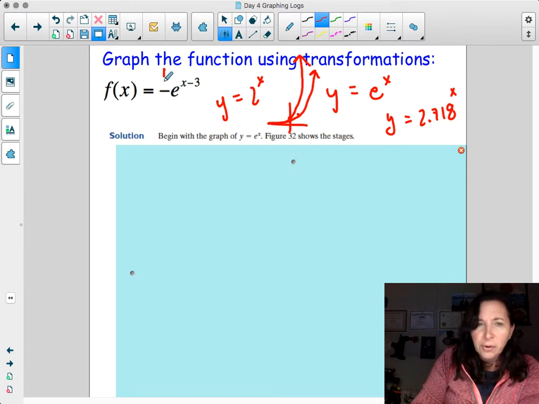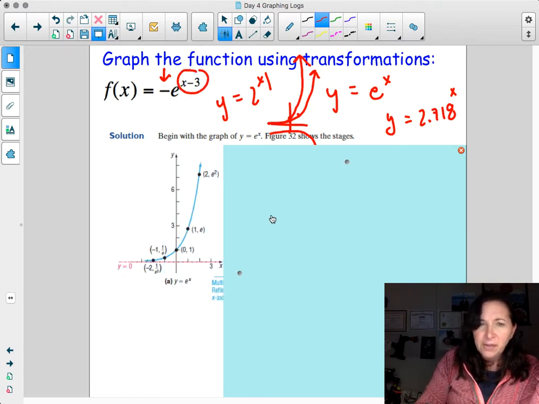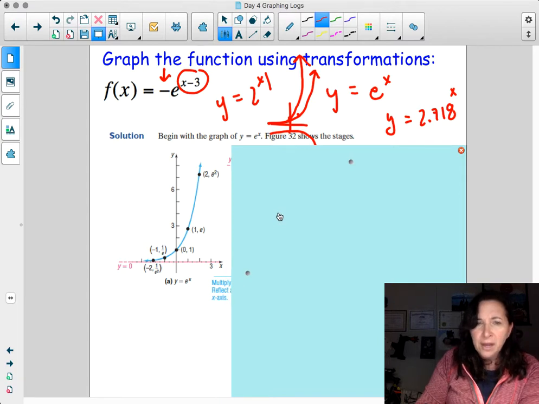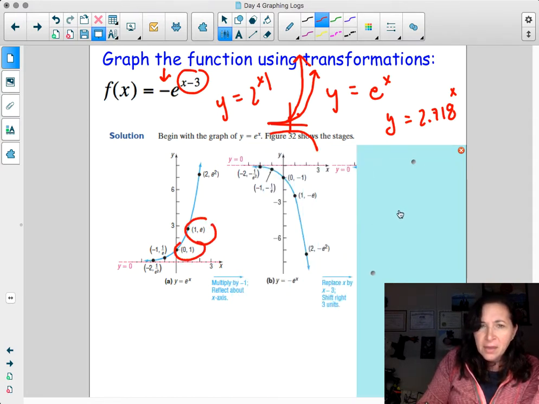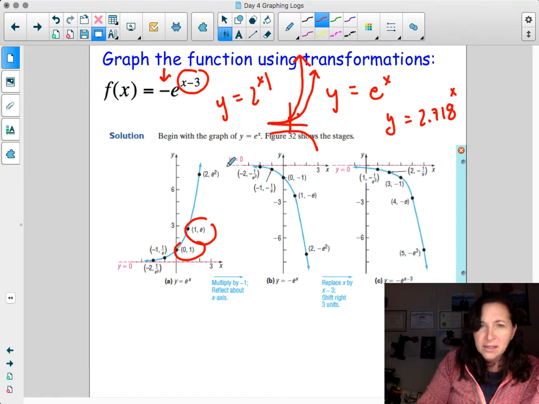Then you would do your reflection. That's going to reflect across the x-axis, and then it's going to look like this, and it's going to go down. This value here is going to move my graph to the right. So here are my steps. Start off with y equals e to the x power. Notice the points. You have 1, e and 0, 1. Then you're going to reflect it across the x-axis. And now I have 0, -1, and 1, -e.